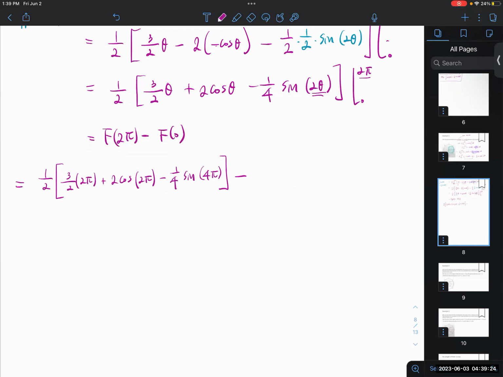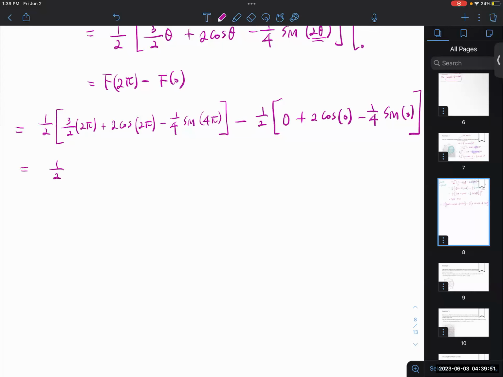So minus 1 over 2. Actually, my bad. 3 over 2 times 0 is a 0, and 2 times cosine 0 minus 1 over 4 sine 2 theta. So theta is a 0, so it's going to be 0. All right, that's better.